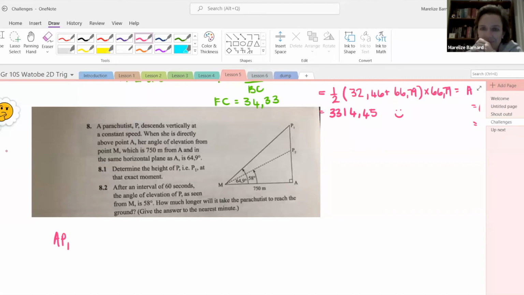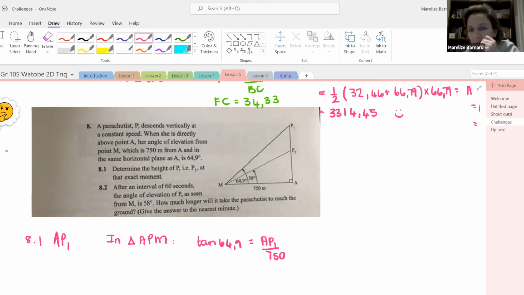Well done. So again, we're going to use adjacent and opposite. So in triangle APM, we're going to say tan of 64.9 is AP1 over 750.